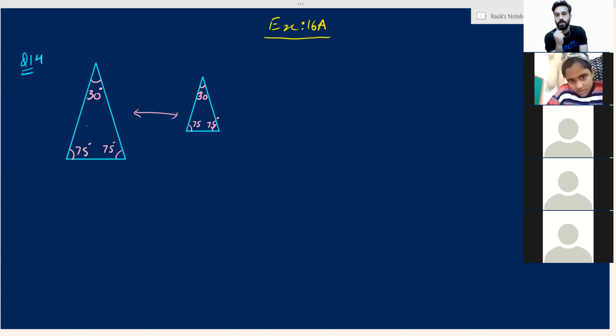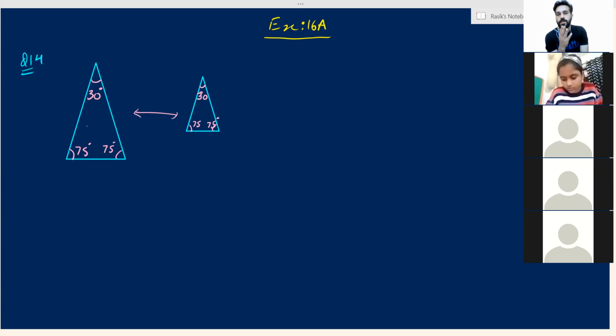What are the two basic things because of which two triangles are congruent? Shape and size. If two triangles have the same shape and the same size, then they are congruent.